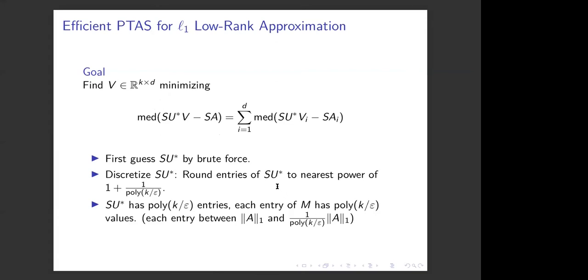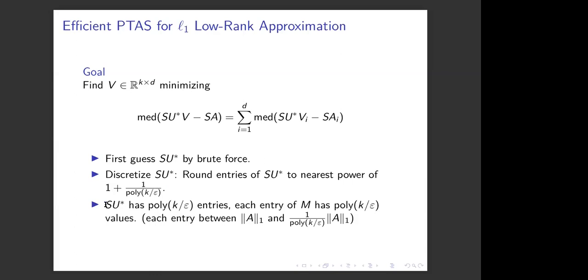The number of possible distinct entries of SU star is therefore poly k over epsilon, because all of the possible entries of this rounded matrix M are between this, and we guess in powers of 1 plus 1 over poly k over epsilon.